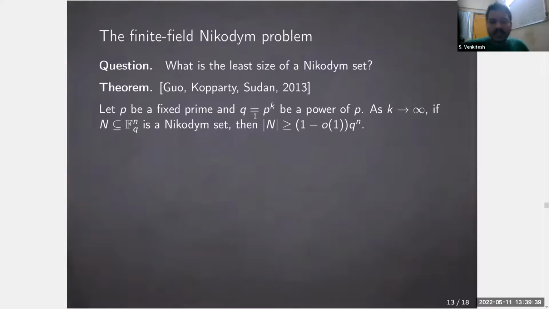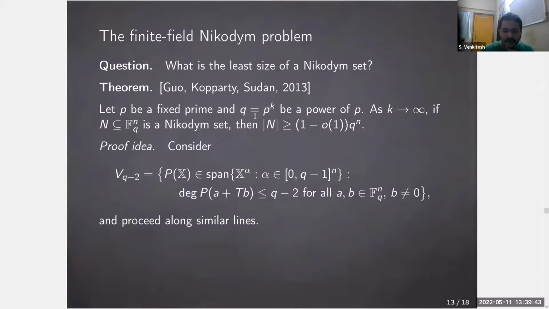So how does that work? Now I am considering a slight variation of the kind of polynomial vector spaces that we have been looking at. I consider V_{q-2}, which is defined to be the space of all polynomial functions, with no degree restriction on the polynomial itself.